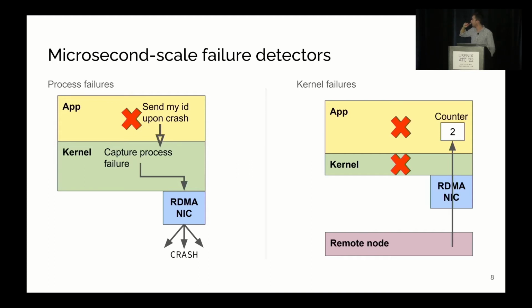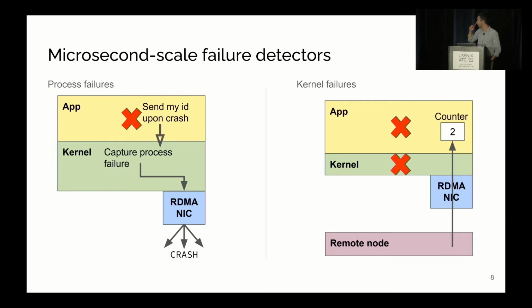The very neat thing with that failure detector is that it works even if the kernel is dead, even if the app is dead, because RDMA truly does not need the CPU to be working to access the memory. So the only thing that you need for that failure detection mechanism to work is that the RDMA NIC is still working.